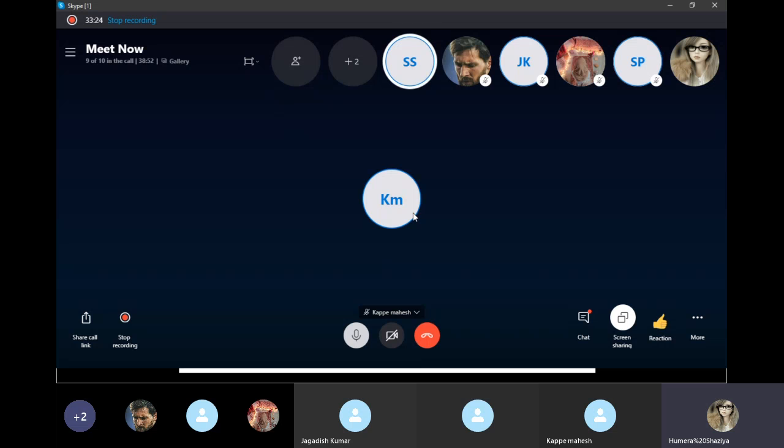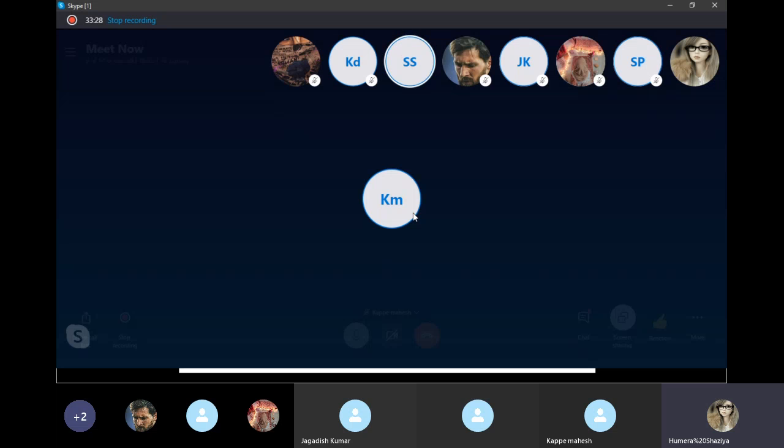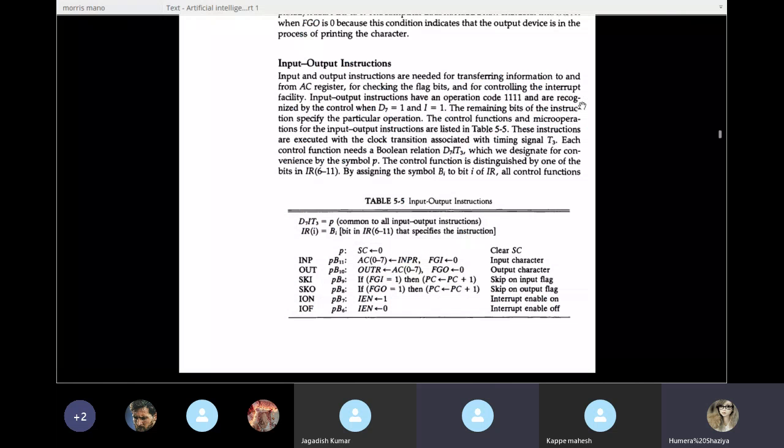At the time of T3 only we can do decoding. At time T3 we are decoding.